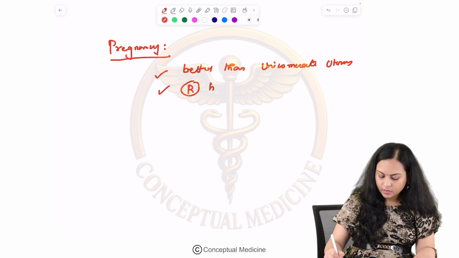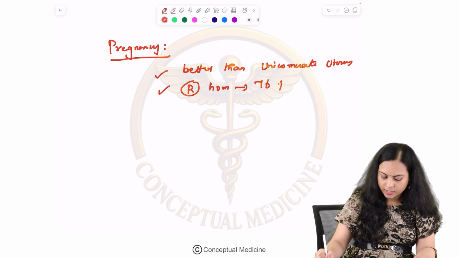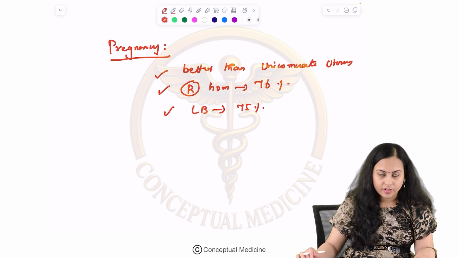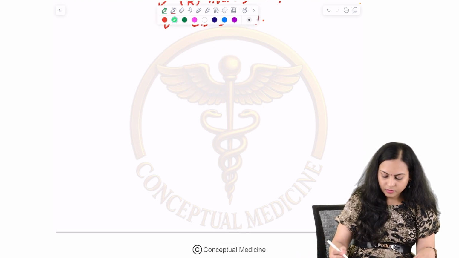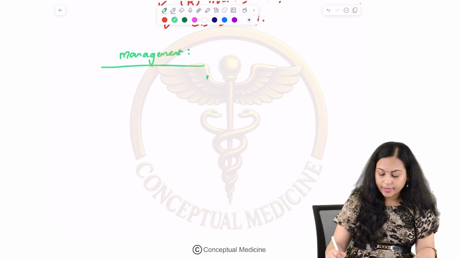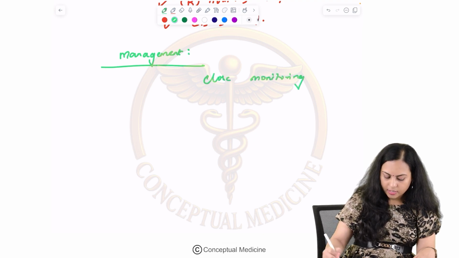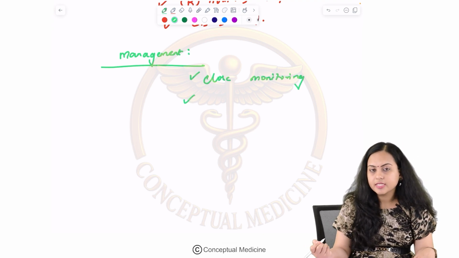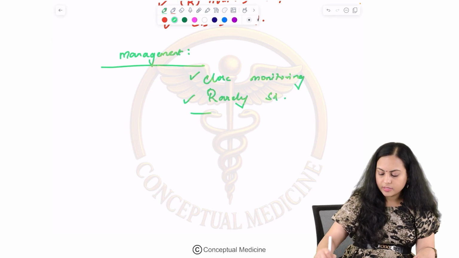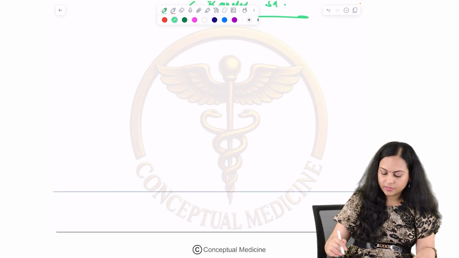Mostly it occurs in the right horn, around 76%, and among these the live birth rate is even higher, that is 75% live births, right? For management of pregnancy you need only close monitoring, and surgery is indicated rarely, if there is excessive pregnancy loss.